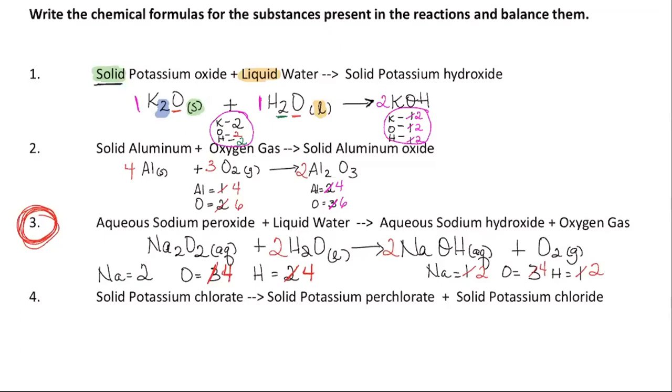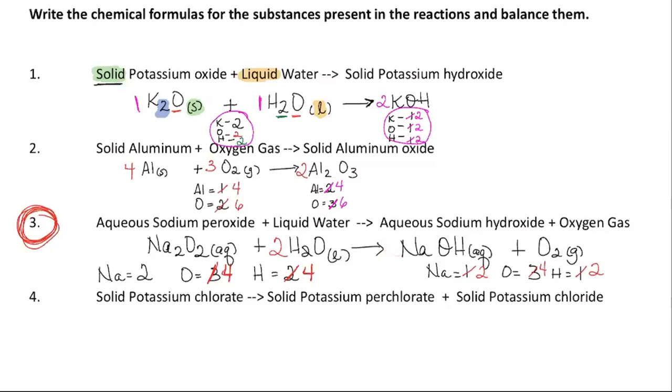So at this point, again, when it comes to balancing equations, it's just trial and error, you guys. So at this point, you have to tell yourself, well, maybe that 2 is something that I need to change when it comes to the sodium hydroxide.